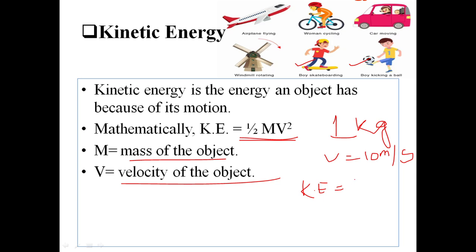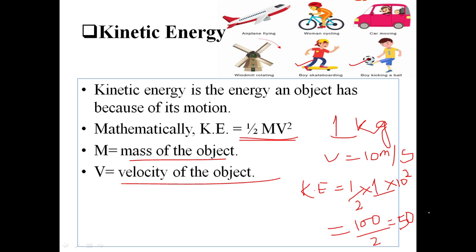Kinetic energy equals half multiplied by the mass of the object, 1 kg, multiplied by velocity 10 squared. 10 squared is 100, divided by 2 equals 50.